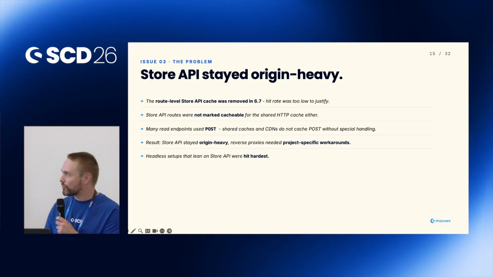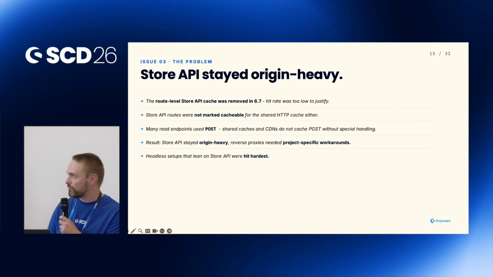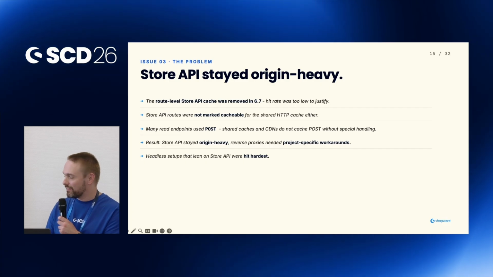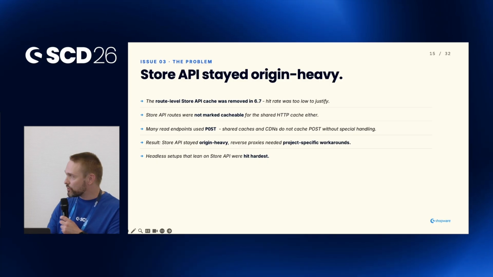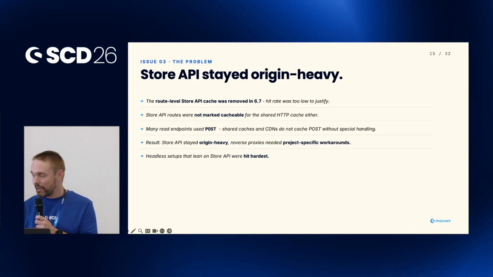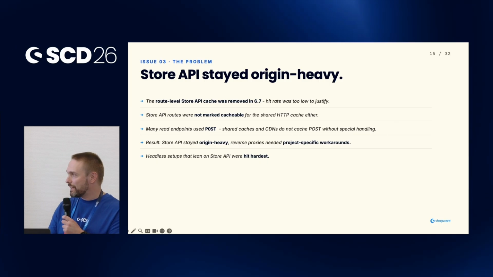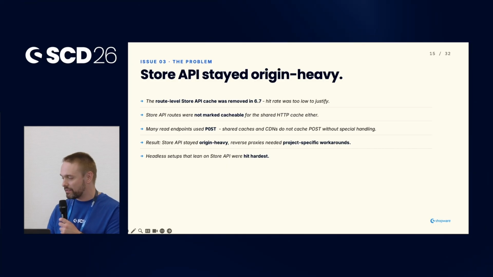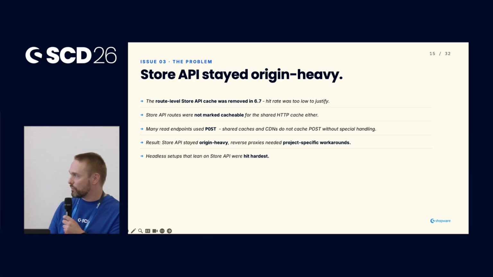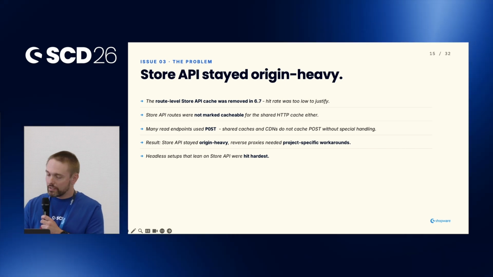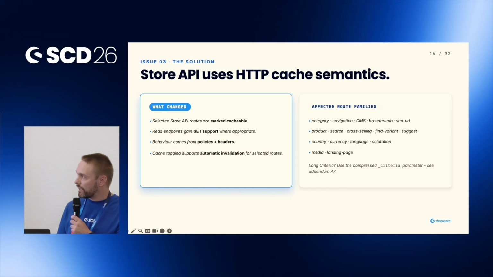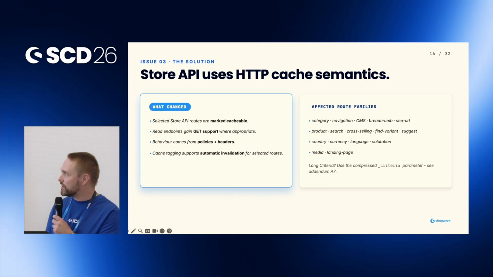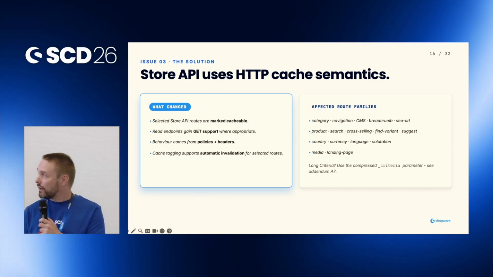You can create workaround configurations for reverse proxies, but that's not a nice solution. As a result, Store API stayed origin heavy, and mainly price was paid by headless setups because storefront was still cached. So solution for that was to make Store API a normal HTTP cache citizen.